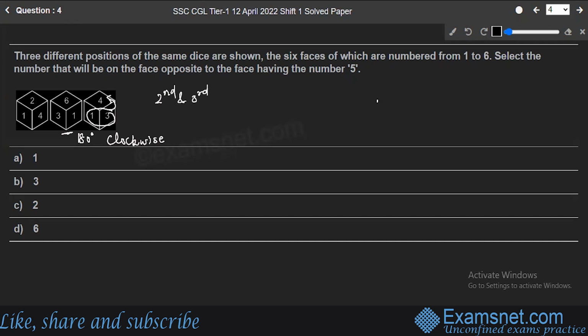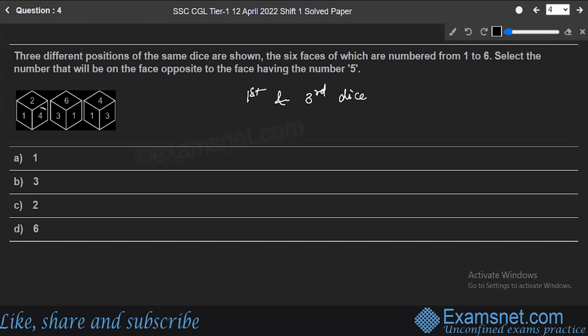Now, if I look at the first and third dice, what numbers are common? Now, see, in the case of the first 2 dice, if I rotate the second dice by 180 degrees clockwise, on the other adjacent side of 1 and 3 comes 4. Okay. Now what I'm doing, I'm looking at the first and third dice, right?